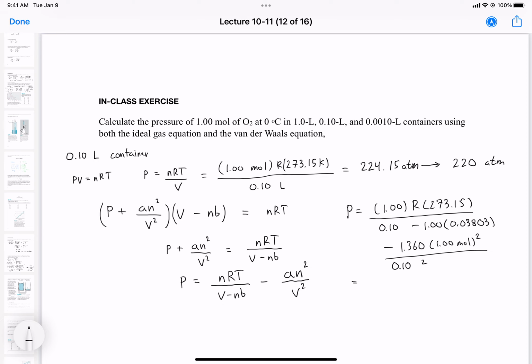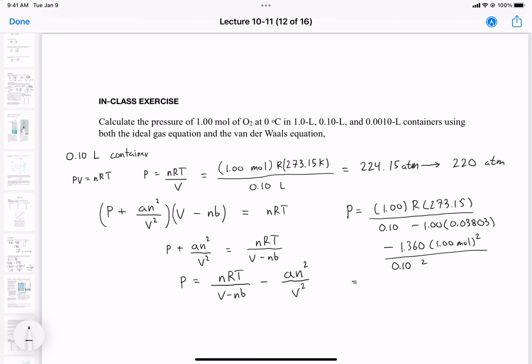Okay, so let's do 224.15 divided by 0.1 minus 0.03803. Okay.